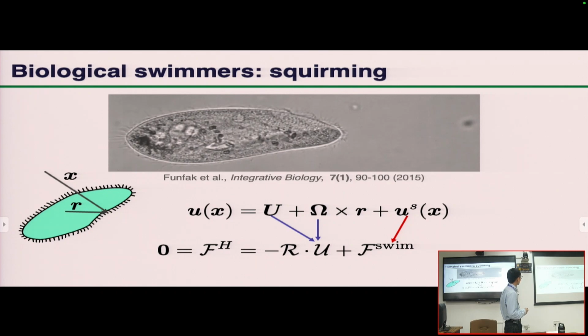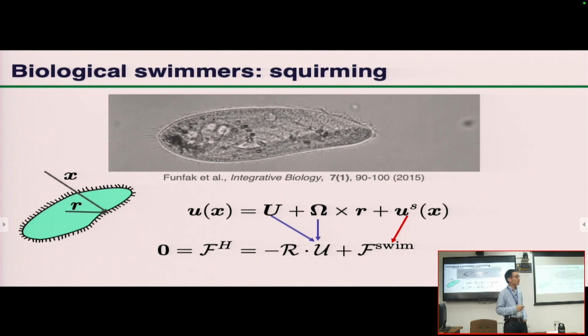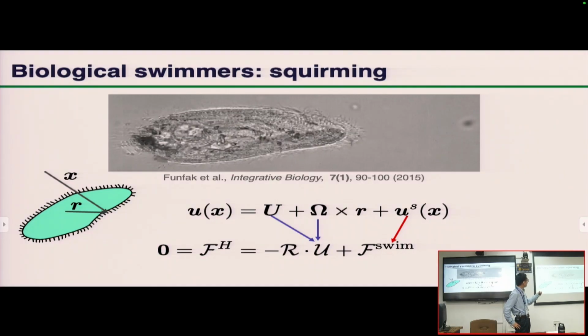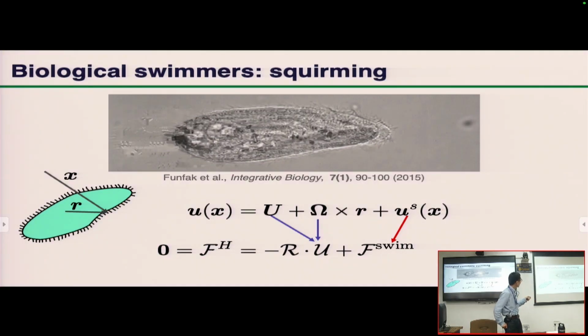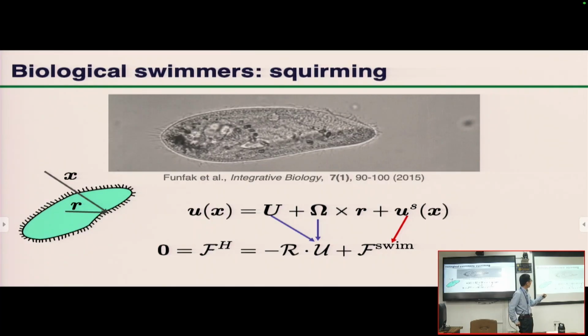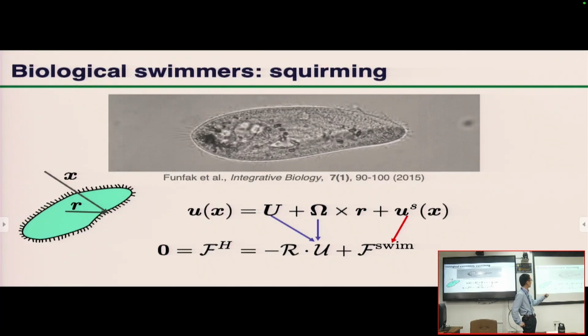If we come back to biological swimmers, here we're looking at an example. This microorganism has many tiny hair-like structures that cover the entire surface.